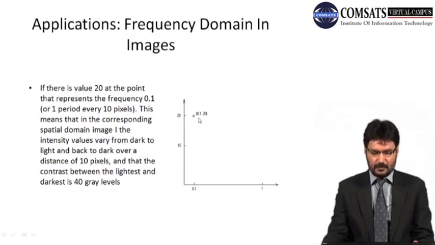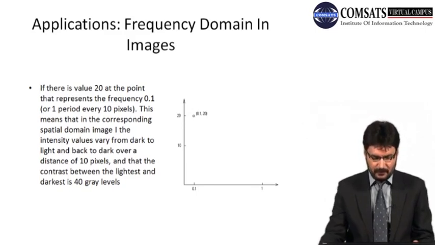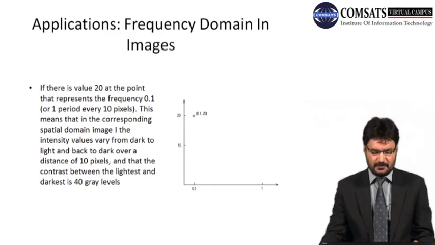So this is the location, and then we have this frequency. This means that in the corresponding spatial domain image I, the intensity value varies from dark to light and back to dark over a distance of 10 pixels, and that the contrast between the lightest and darkest is 40 gray levels.